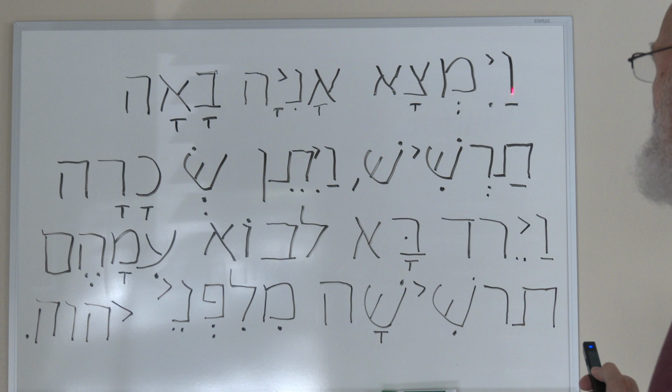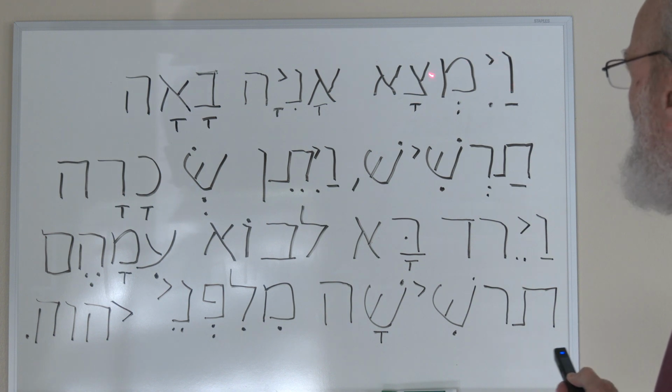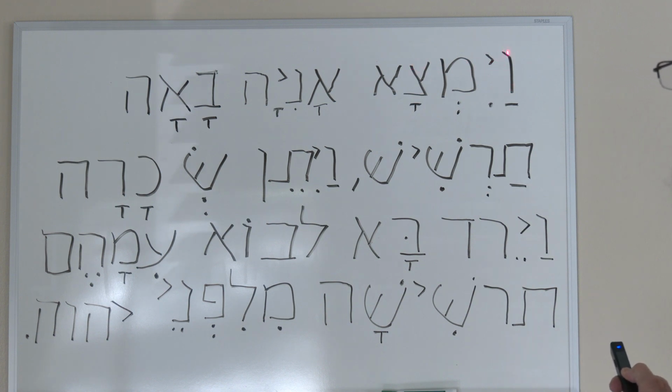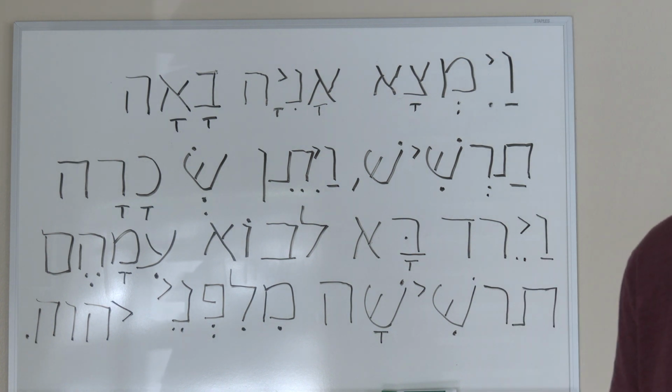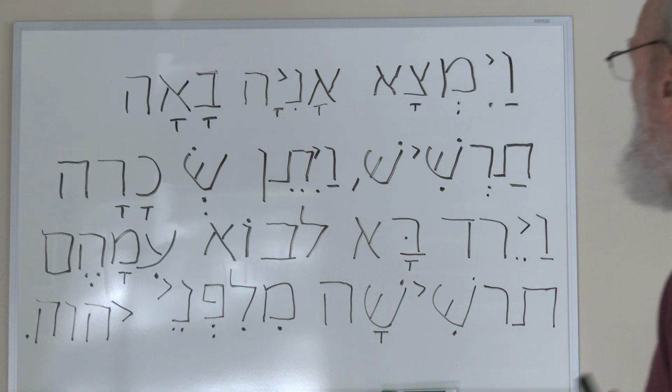I'm going to go over each word and try to break it down for you using my pointer. And here is the first word, Vayimsa. And you see it begins here with a Vav. Vav patach, Vayim, mem, tsadi, aleph, Vayimsa, and he found. Okay, that's the word for and he found.